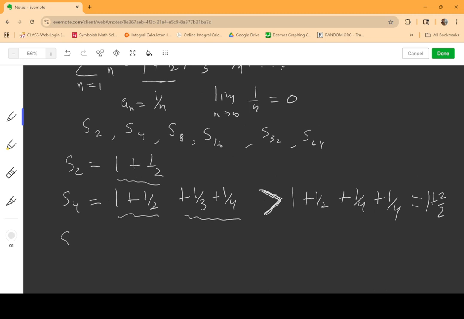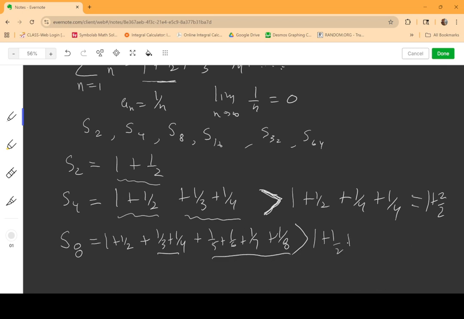So the next power of 2 is S sub 8. Again, that's 1 plus 1/2, and then plus 1/3 plus 1/4, same as before, and then plus 1/5 plus 1/6 plus 1/7 plus 1/8. I'm going to do the same thing I did above, where I'm going to group these: 1 plus 1/2 plus 1/4 plus 1/4 as previously for the 1/3 and 1/4.